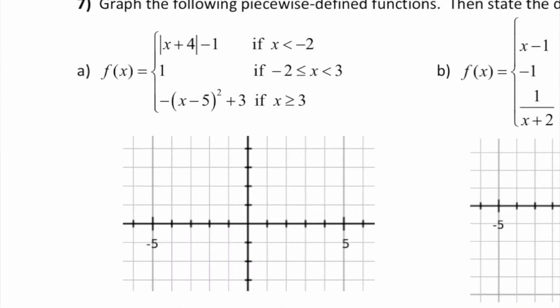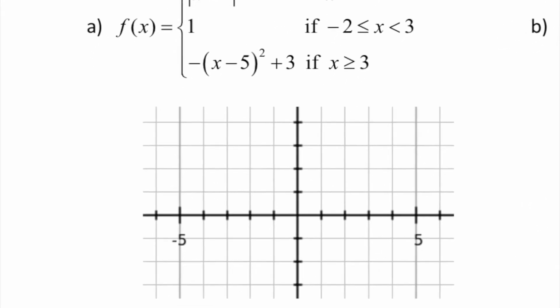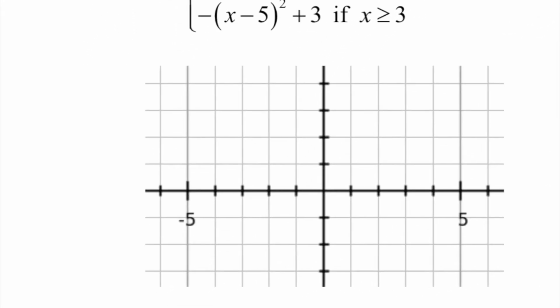So anyway, here we saw that the absolute value portion of the graph has a vertex at -4, -1, and it has a slope of 1.